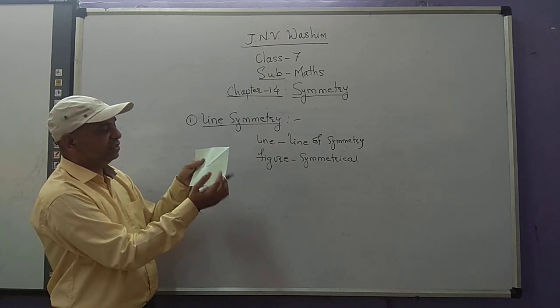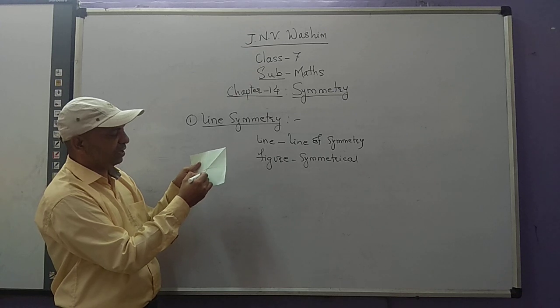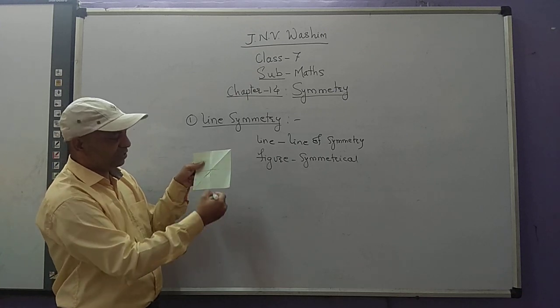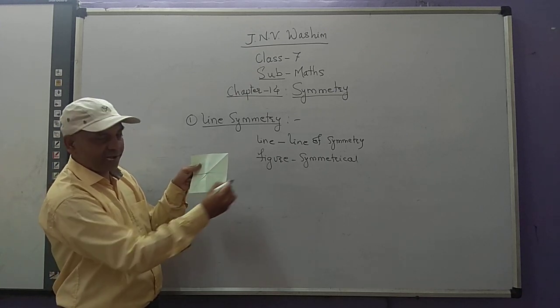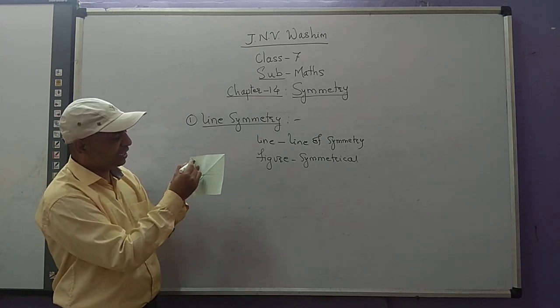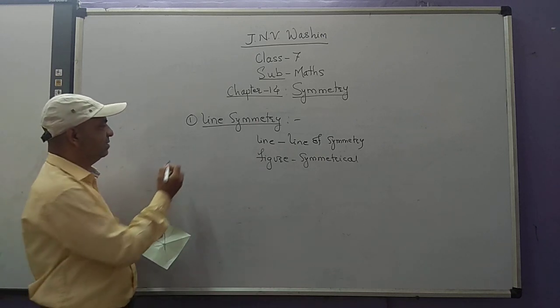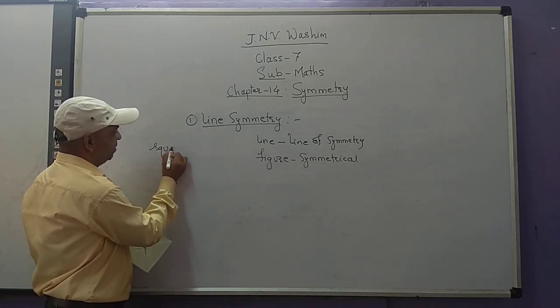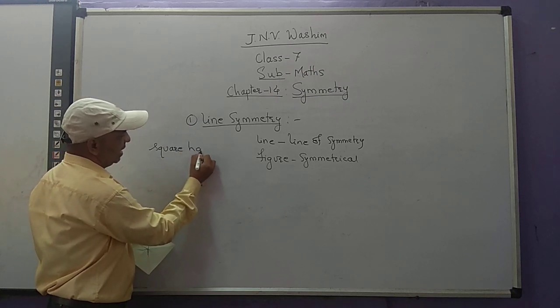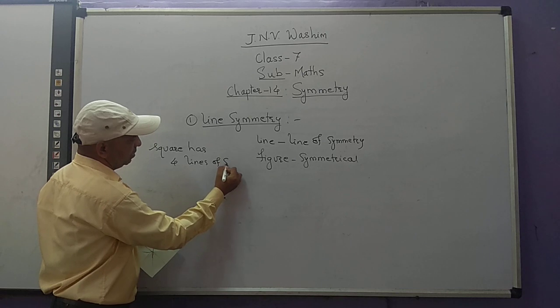It means this square piece of paper has four lines of symmetry. One is the vertical line of symmetry, second is the horizontal line of symmetry, third is the first diagonal, and another is the second diagonal. So a square has four lines of symmetry.